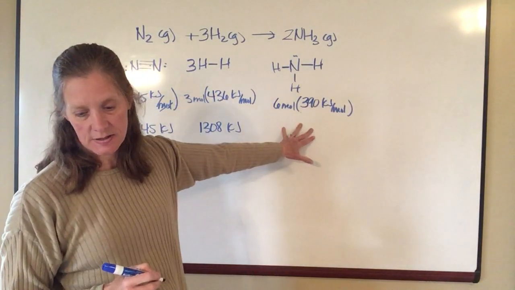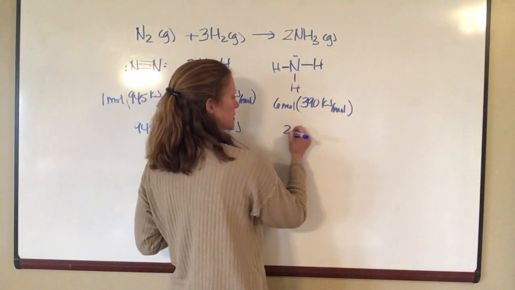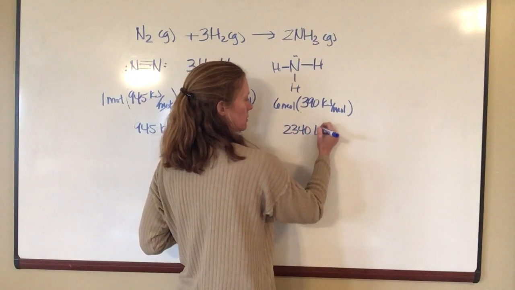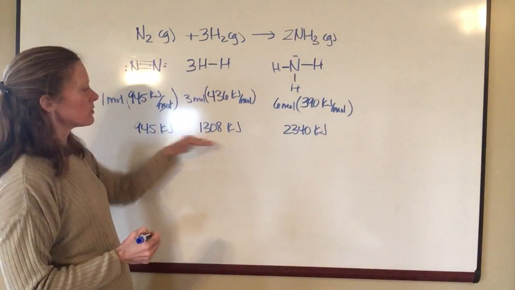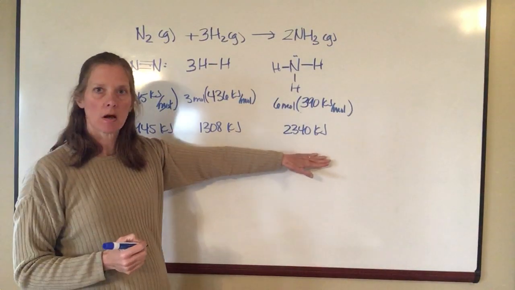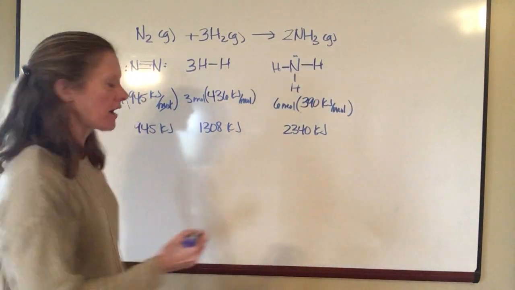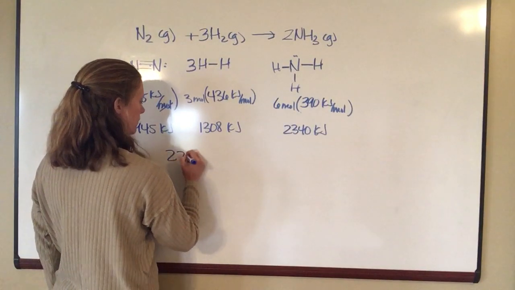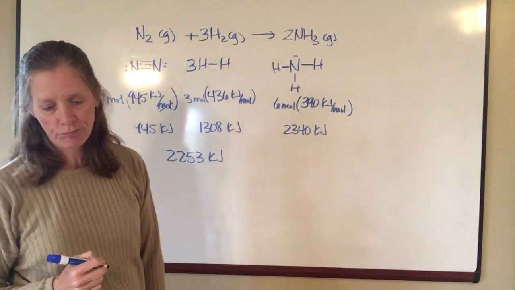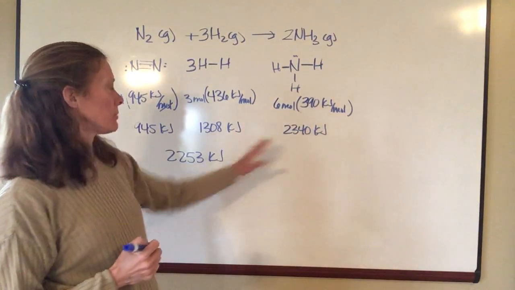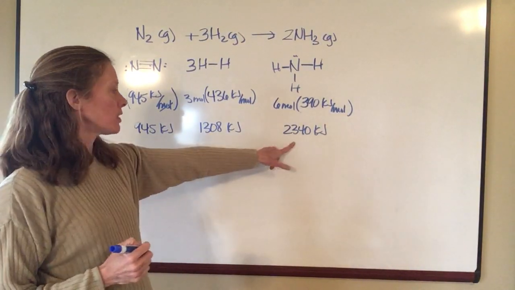And then if I take 6 times this 390, that's going to give me 2340 kilojoules. So now what I want to do is compare what was on my product side with what is on my reactant side. On my reactant side, I have a total of 2253 kilojoules. On my product side, I have 2340.